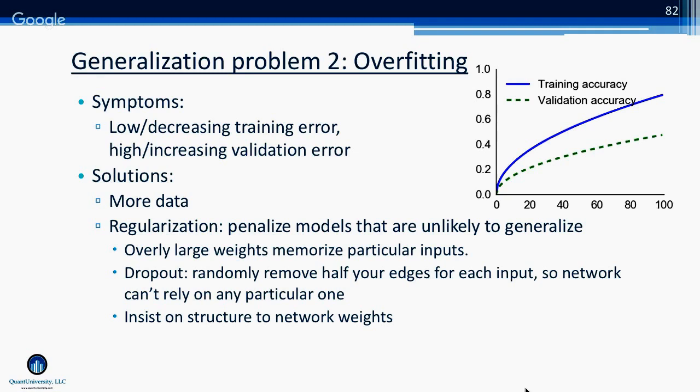So if you think back to our picture, if I have 1,000 pixels coming in, and it's decided that pixel 750, if that one's positive, then it's definitely an A, that's probably an artifact of my training data and not actually a good feature. So what you can do is add to my error function some multiple of how big the weights are, so that it encourages it to keep all the weights relatively even and not look at any one particular thing too much.